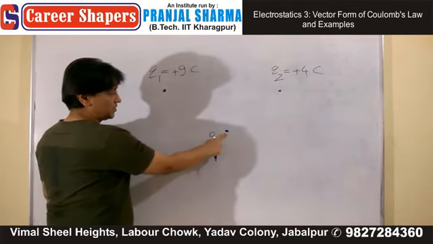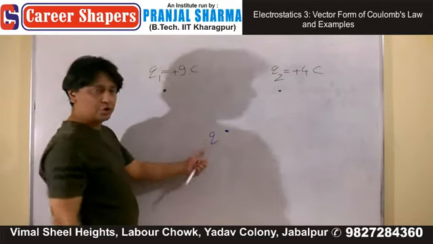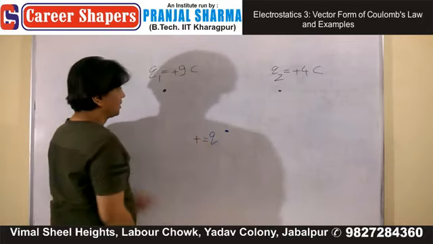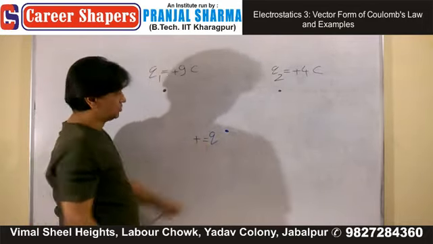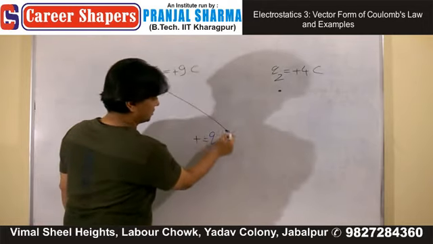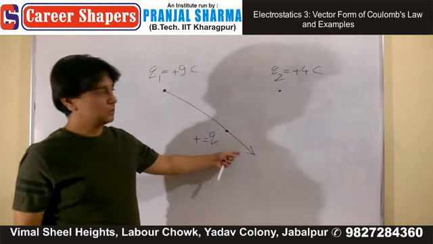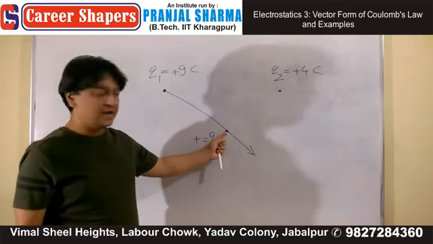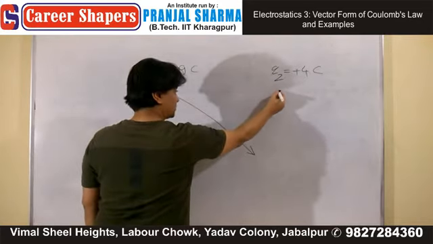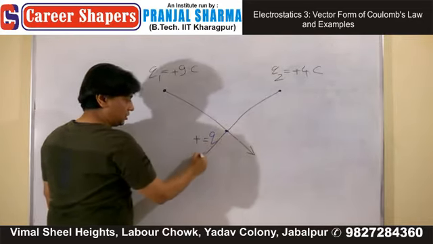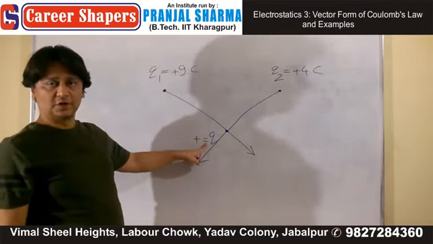This Q1 and this Q, let's say this Q is also positive. 9 Coulomb repels this Q in this direction. This is the force of repulsion. Positive charge is repelling another positive charge. This positive charge also repels this Q, third charge.